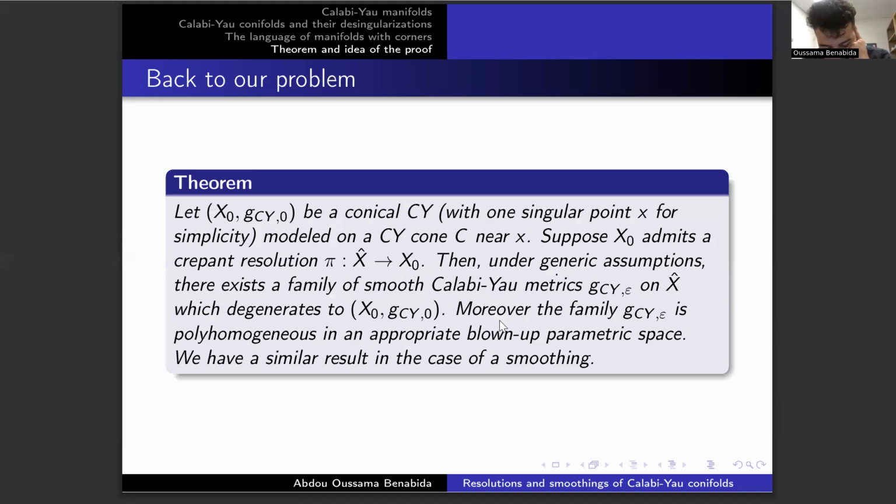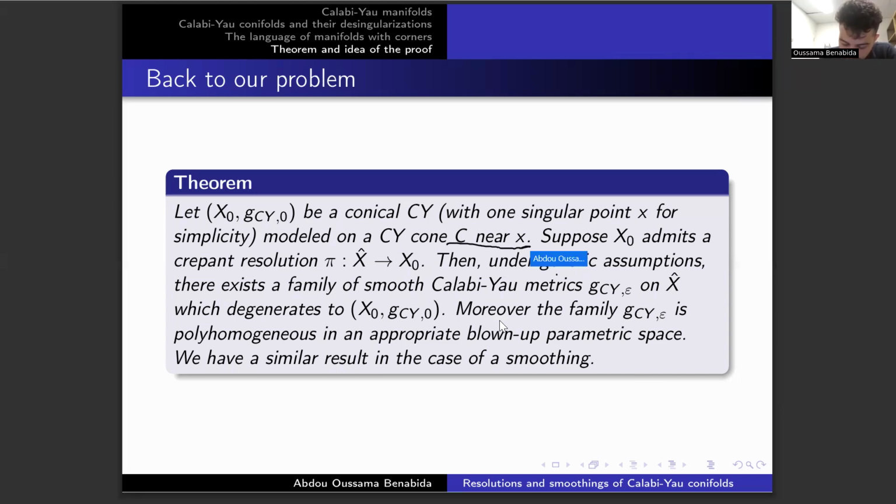So the theorem is, suppose we have a conical Calabi-Yau, x0 with its conical Ricci-flat Kähler metric. And we suppose for simplicity that there is only one singular point x modeled on a certain Calabi-Yau cone C.